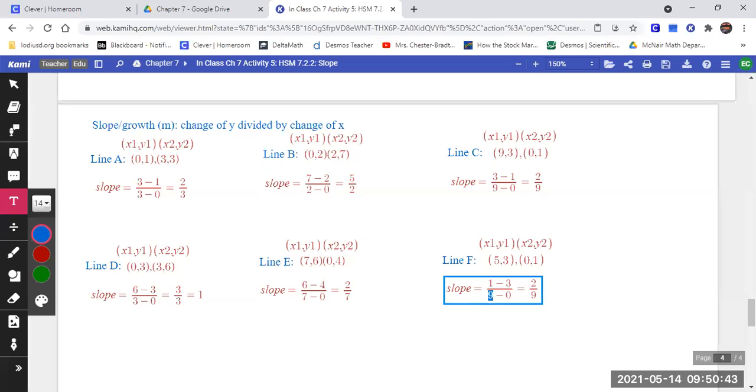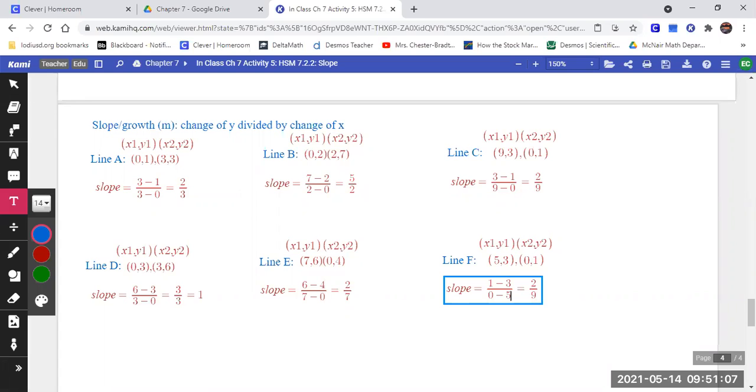So if I chose to pick the Y that's the number 1, what's the X value that's with it? 0. And then I would subtract what's the X value with the 3? 5.